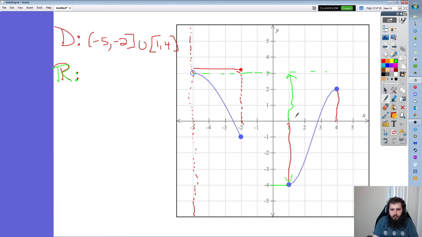So here, from -4 all the way up to 3, but look, open circle and nothing to beat it, so negative 4 is a bracket, and positive 3, which is our top, is a parentheses, open circle. All right?